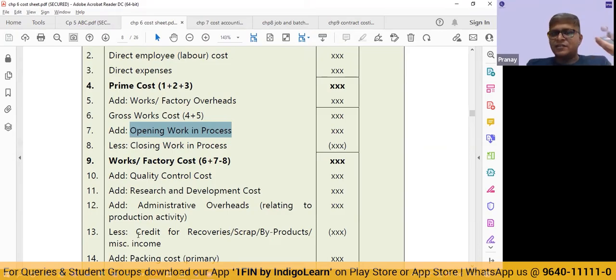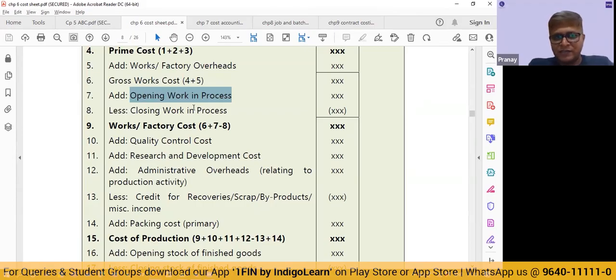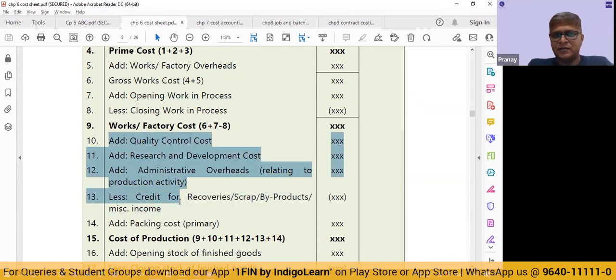In a similar fashion, the admin overhead, which is relating to production activity, we are saying let the finished goods absorb it. Let us not carry it to the next period. So that is briefly the thought process. And see, in a way, all of this, whether it is this factory overhead or points 10, 11, 12, 13, and 14, all of them are going in cost of production only.